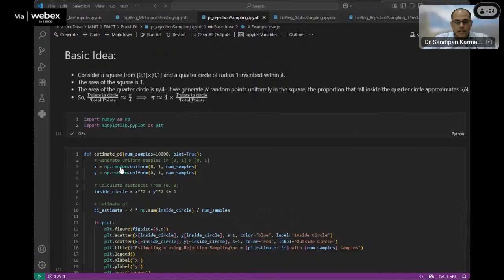So can you see linear underscore deep sample? Are you able to see? Okay.